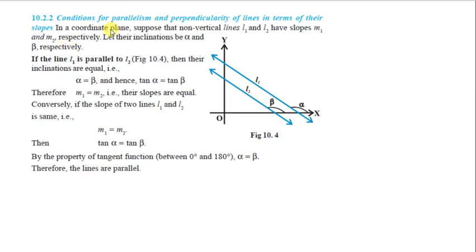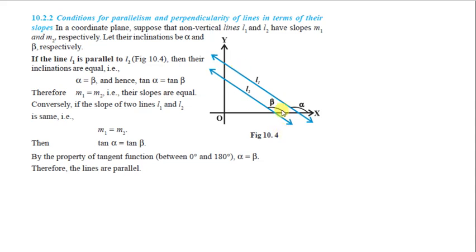Now what is the condition for parallelism and perpendicularity of lines in terms of their slopes? Now suppose L1 and L2 lines are parallel and making angles alpha and beta with the positive direction of the x-axis measured anti-clockwise.